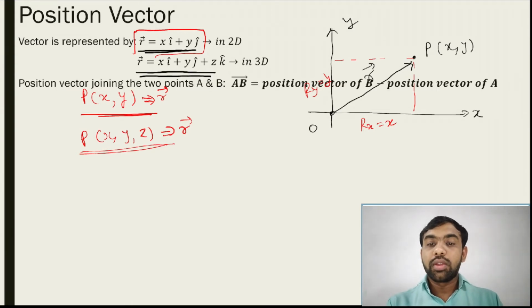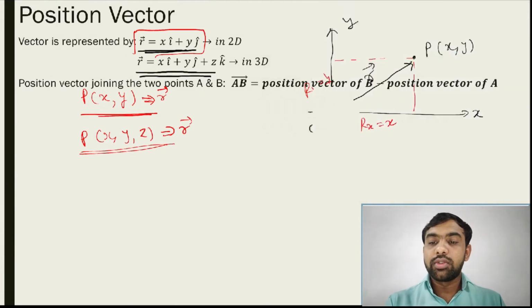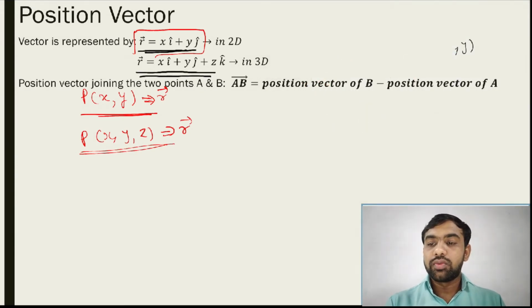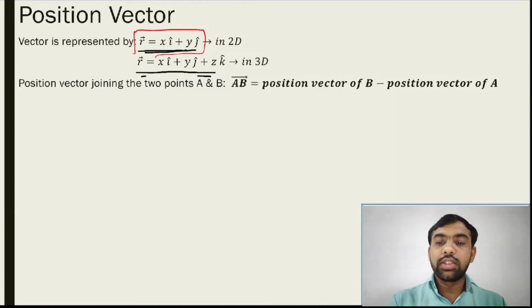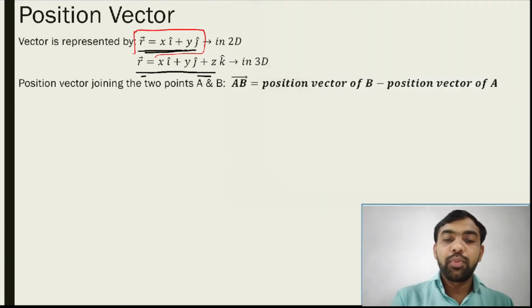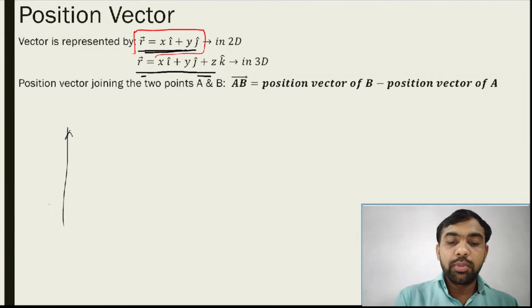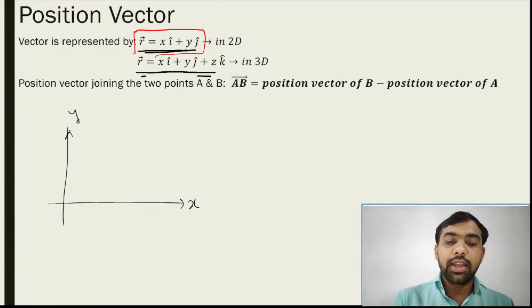Let me erase this figure and draw it again here. Suppose the x-axis and y-axis, and this is the point P with coordinates x and y, and that's the origin.